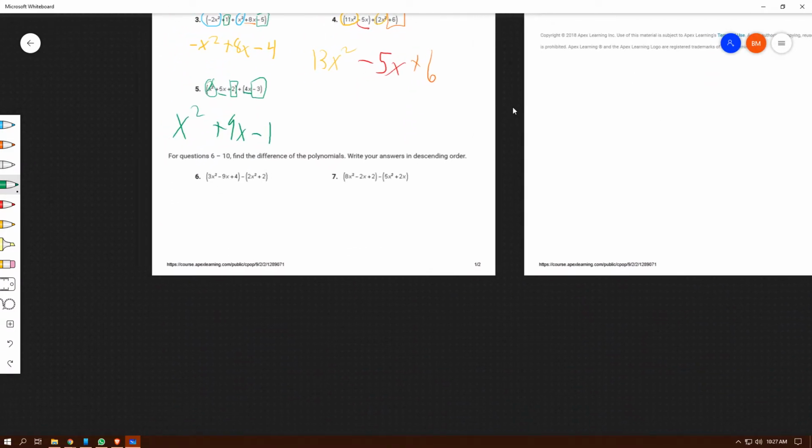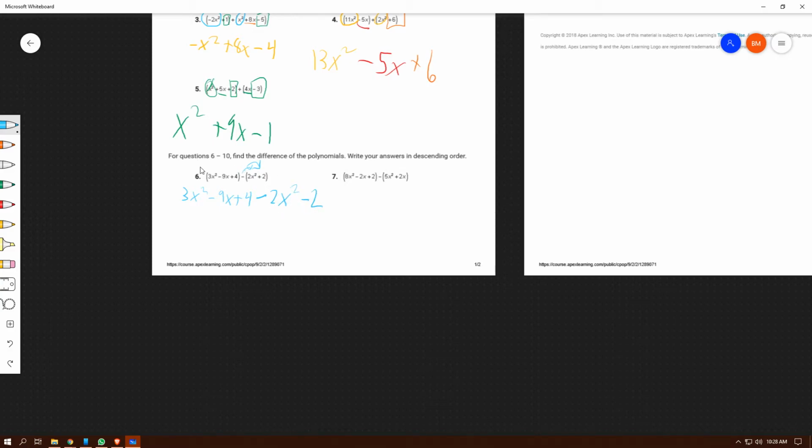Now, subtraction, difference, will have one additional trick to it. Whenever I have to subtract, I need to distribute a negative 1. So I'm going to have 3x squared minus 9x plus 4, negative 1 times, so this is going to be a negative 2x squared and a negative 2.